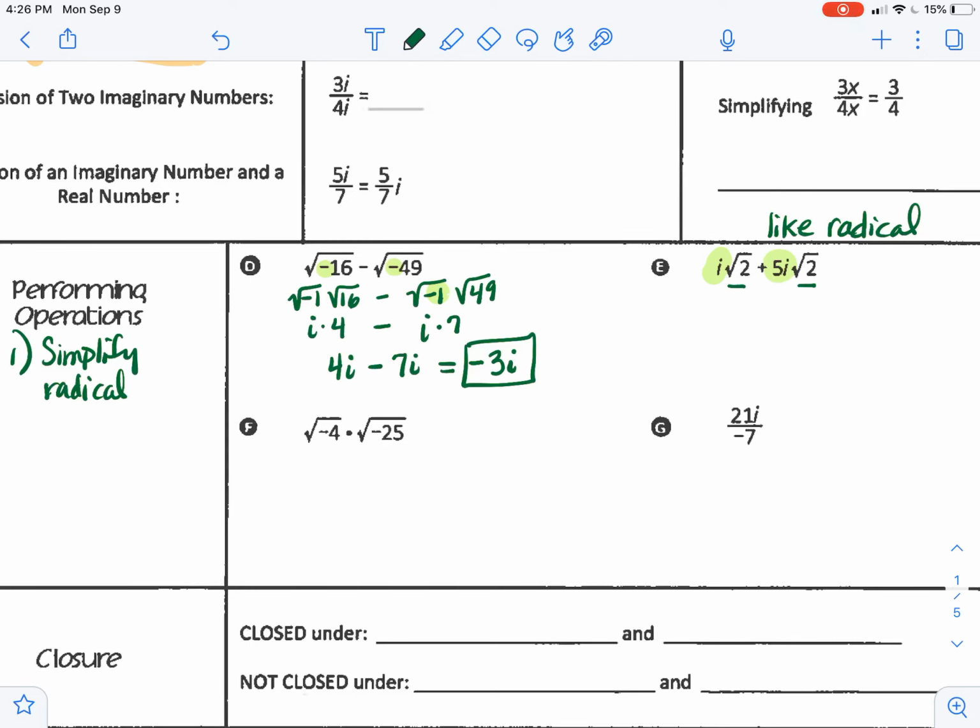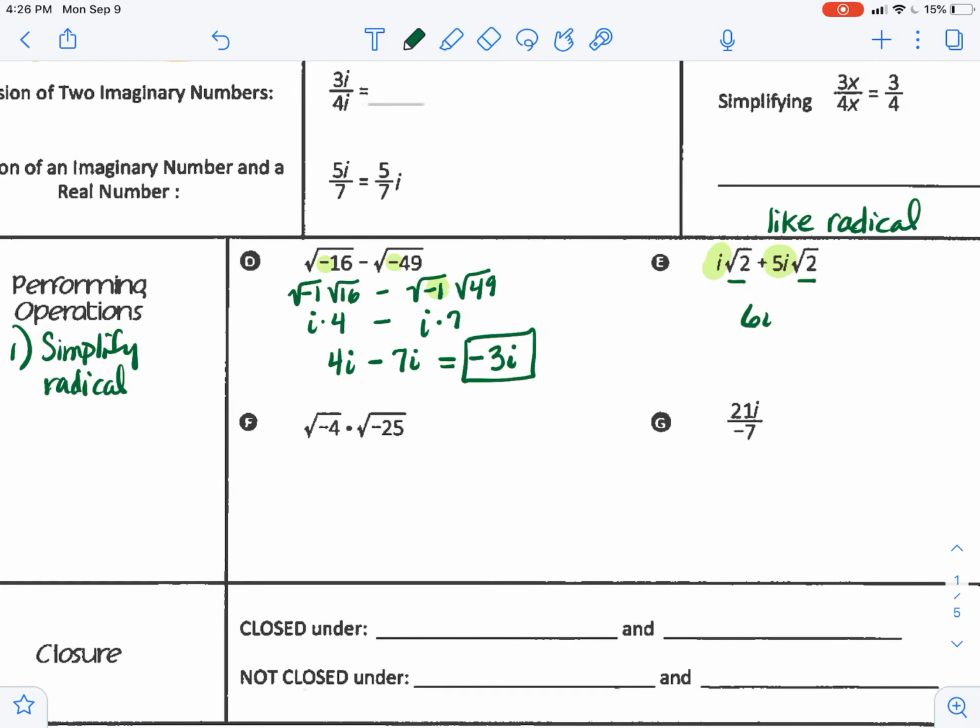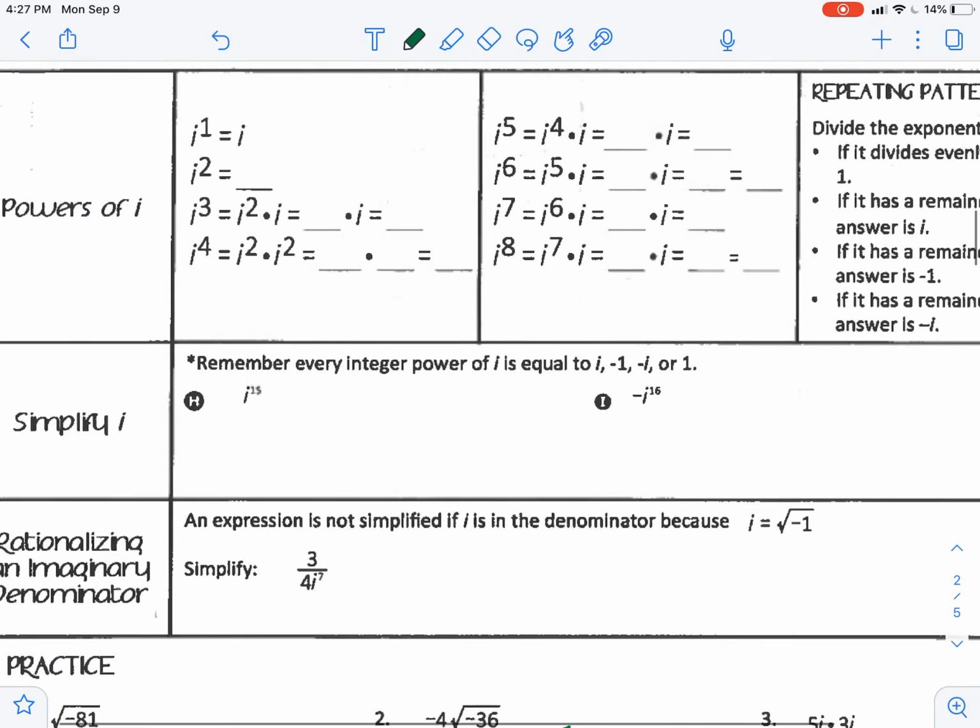So I have a 1i and a 5i, so that's 6i, and it just stays radical 2. Okay, you see what I did? So the radical 2 is kind of like your x. Does that make sense? Okay, let's find some more.